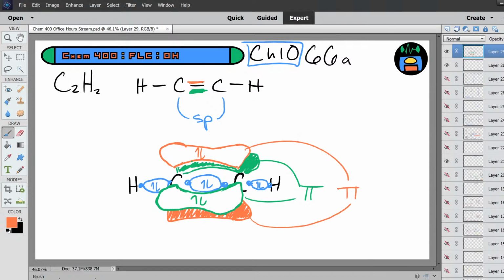So we've got 2 pi bonds. And then sigmas, we have here, here, and here. All right. Let's do part B.